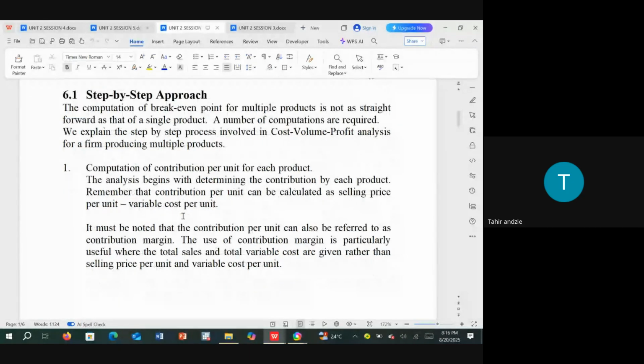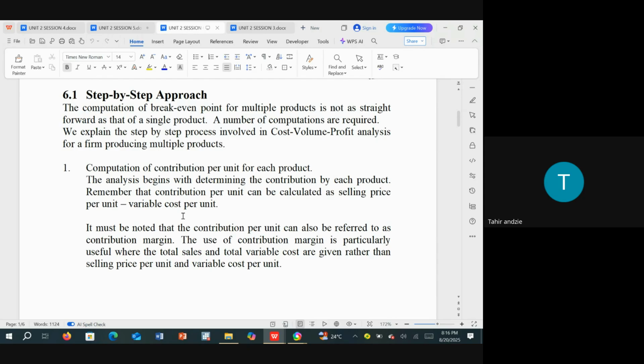You know that. It must be noted also that the contribution per unit can also be referred to as contribution margin. The use of contribution margin is particularly useful where the total sales and total variable costs are given rather than the selling price per unit and variable cost per unit.